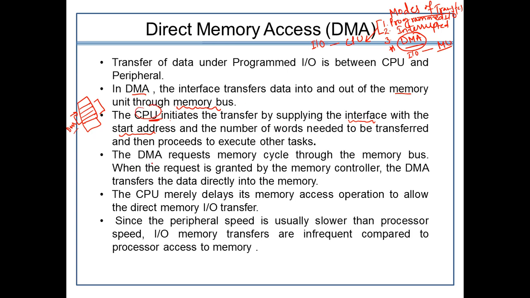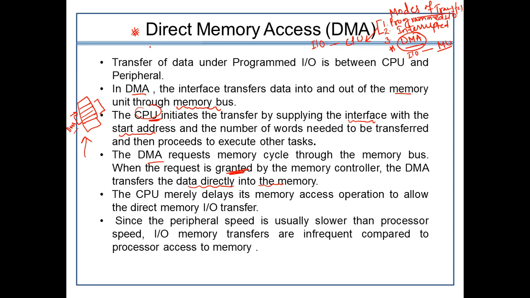This entire information is given by the CPU to the interface. Accordingly, the DMA requests a memory cycle from the memory, and once this request has been granted, only then can communication take place between the DMA and the memory. This kind of DMA data transfer is done only for devices with faster access, like disk devices.